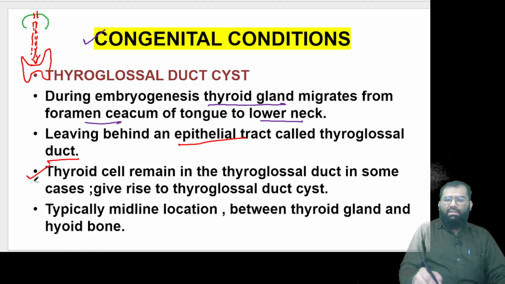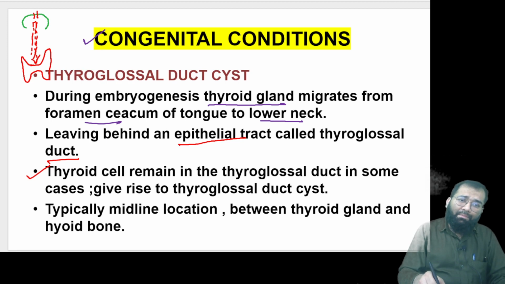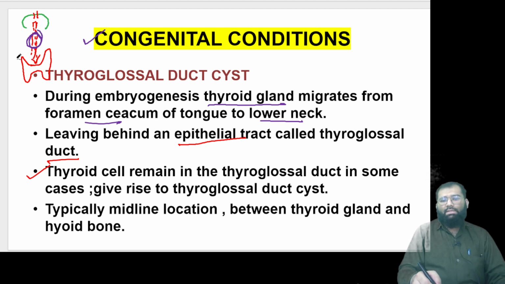Now cell remains in thyroglossal duct in some cases may give rise to cyst. If it gives rise to cyst, this is called thyroglossal cyst. Or sometimes the entire thyroglossal duct might remain patent and might open in midline of the neck. This is called thyroglossal fistula.